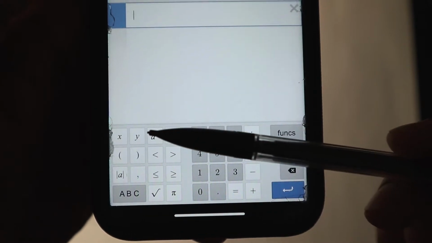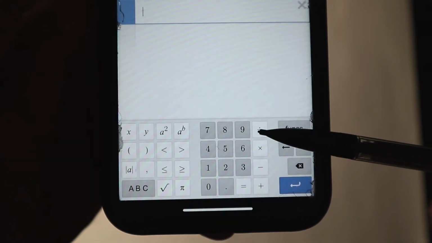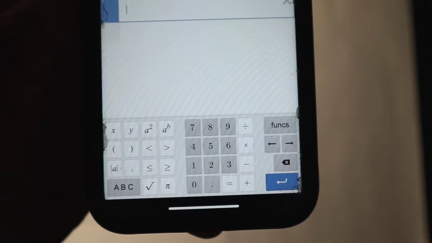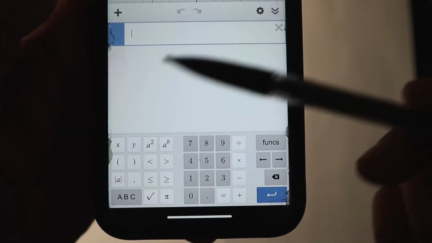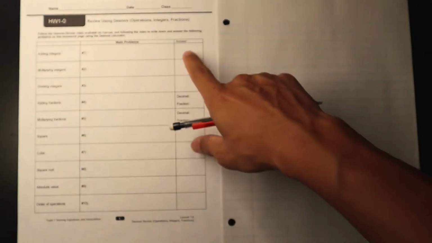And at the bottom you see some variables, parentheses, square roots, pi, 0 through 9, add, subtract, multiply, divide, and an equal sign, and that's all you need. We're going to just use this part of the app today to answer the 10 problems on the homework. Okay, so let's take a look at the first problem.